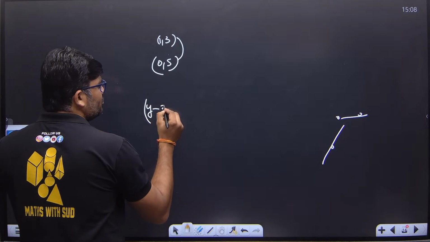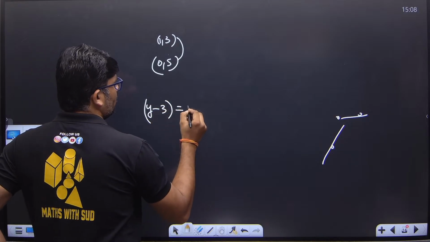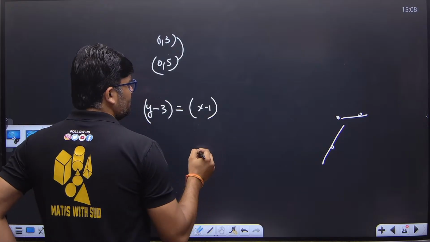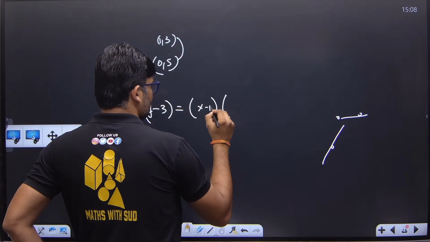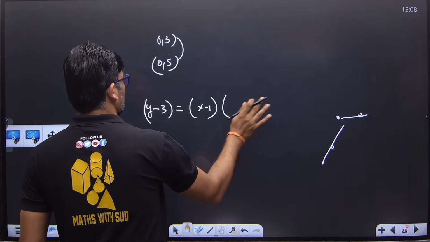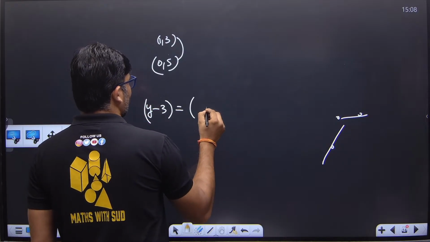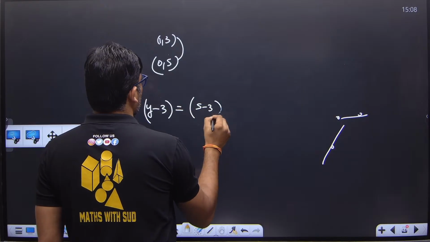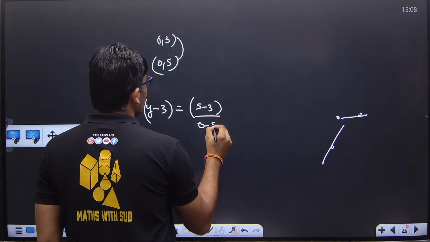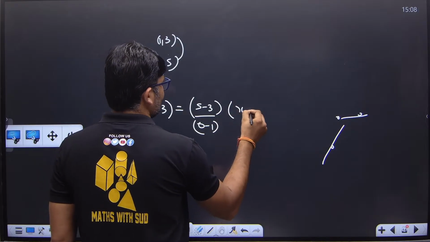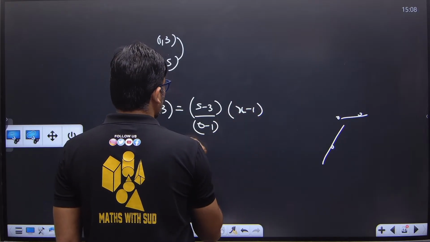So y minus 3 is equal to the slope times x minus 1. What is the slope? Slope is y2 minus y1, so 5 minus 3 is 2, divided by 0 minus 1, times x minus 1. I think this is what you were saying to me.